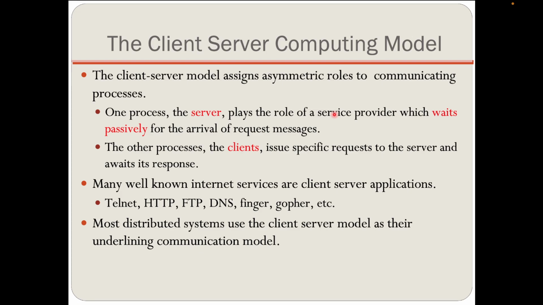The other process, which we call the client, usually generates the request first. So the client is usually the party which actively initiates the communication between the processes, because the client process has some needs from the server.